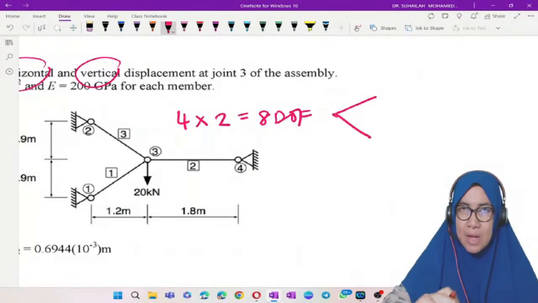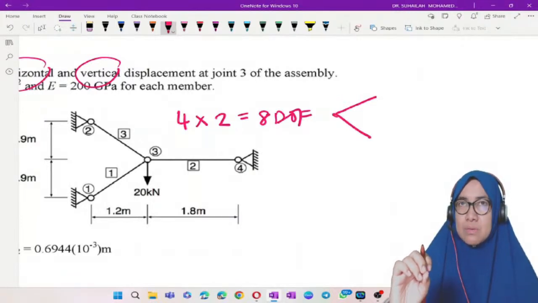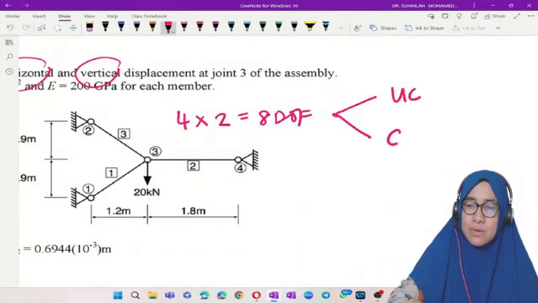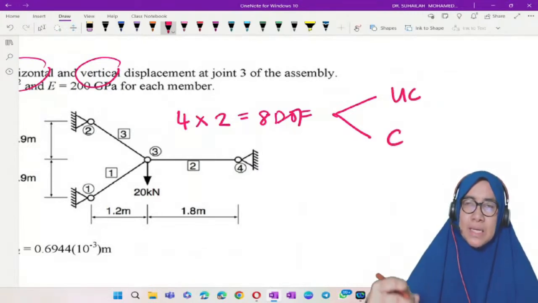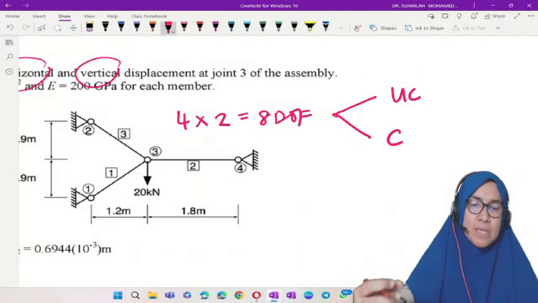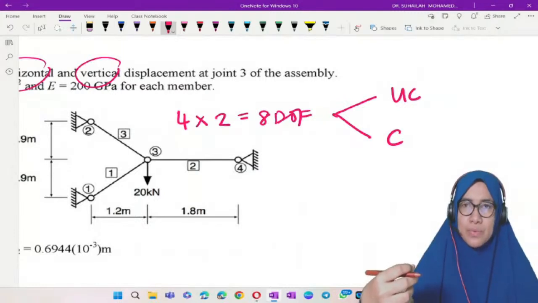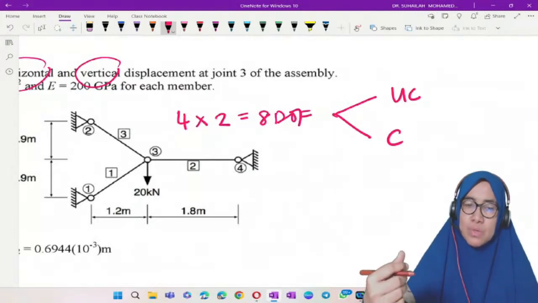So this 8 we have to divide into unconstrained and constrained, and we normally identify the DOF in constraint based on the number of unknown reactions. For the number of unknown reactions, we just need to refer to the supports.